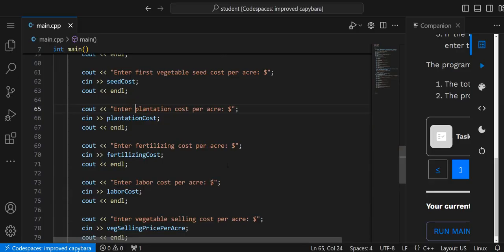First vegetable seed costs, first vegetable plantation costs. So copy first vegetable, put that in front of there.